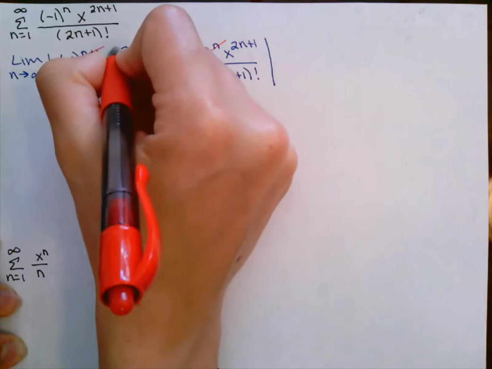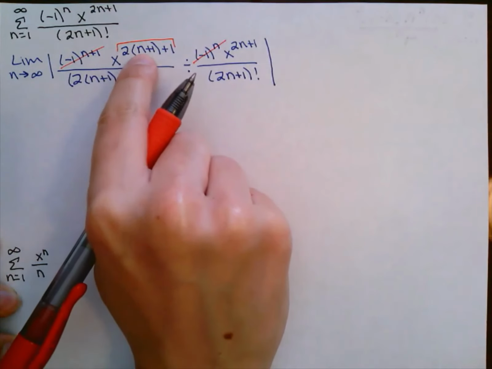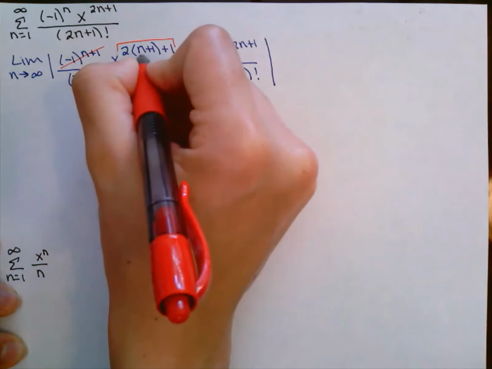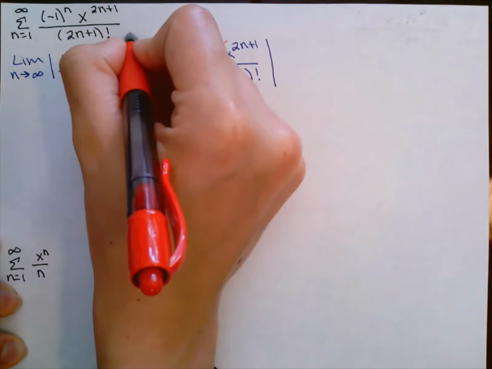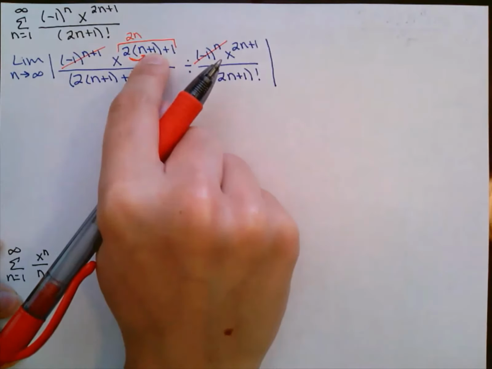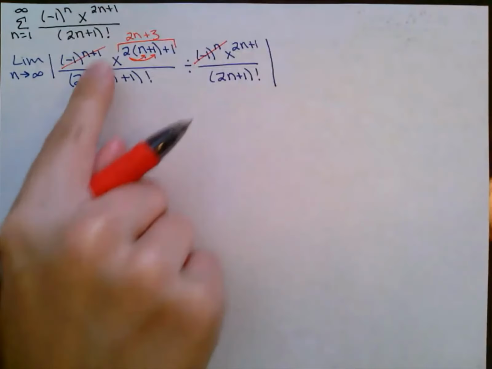This portion up here, if I distribute this 2, I have 2n plus 2 plus 1. One more time, I'm distributing this 2. So I have 2n, and then I have the 2 times 1 is 2, plus another one would be plus 3. All of that is my new exponent.